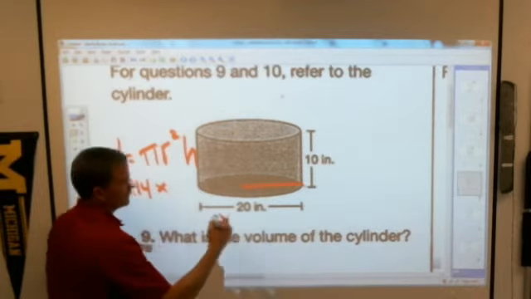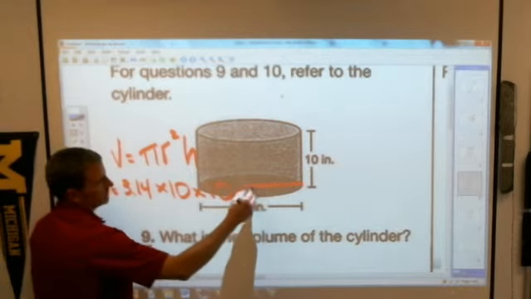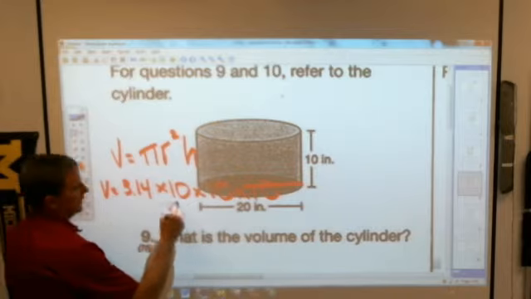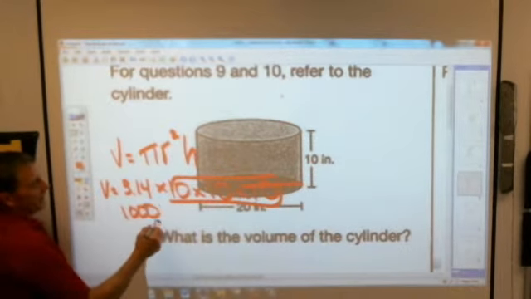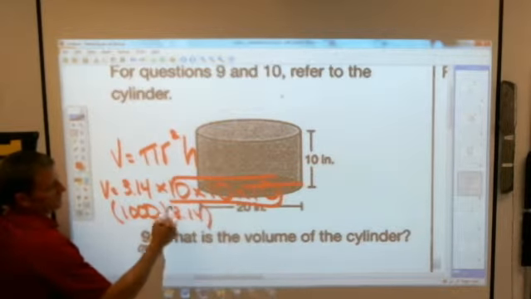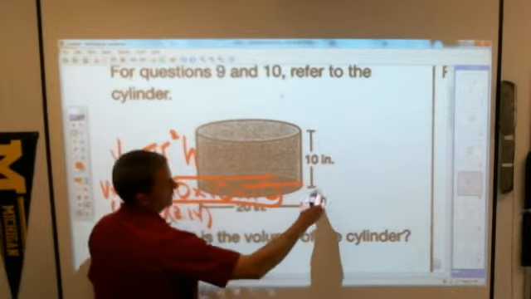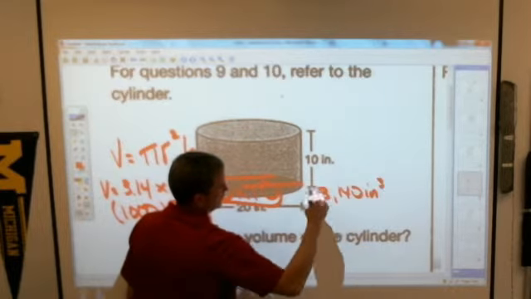Radius is half of the diameter, so it's times 10, times 10, times the height, which is 10. That is where Emma, I believe, said 1,000 pi, or 1,000 times 3.14. They probably figured you could do this kind of mentally, so it wasn't that bad. Move the decimal 3 places over, 3,140 inches cubed.